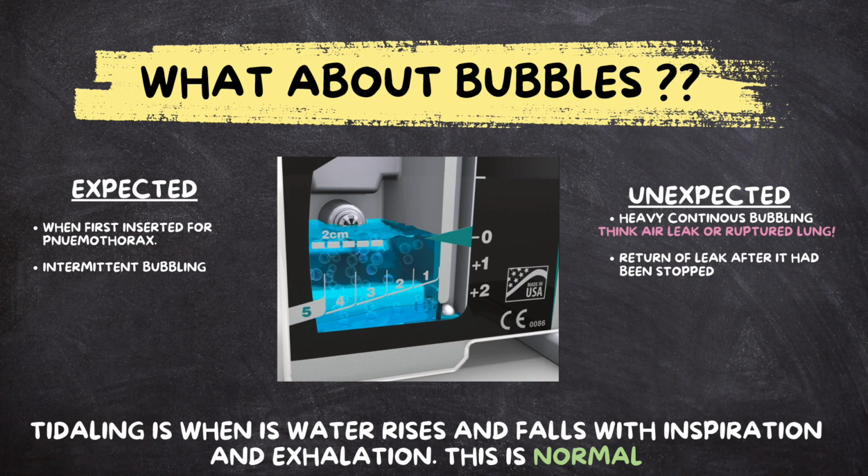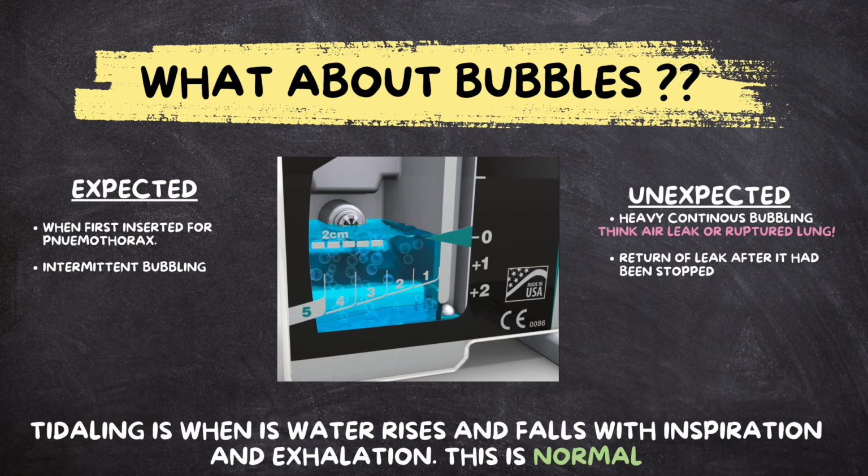So while we're talking about management of your chest tube, let's talk about what the heck the bubbles are. I think this is one of the most misconstrued things about chest tubes, is people just don't understand what's normal or what's not normal. So if we're putting a chest tube in for a pneumothorax, let's say, would you expect to have bubbles after you put that in?